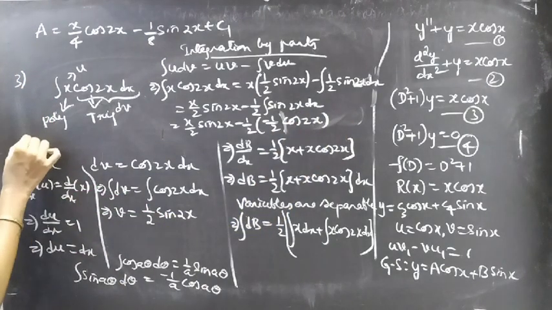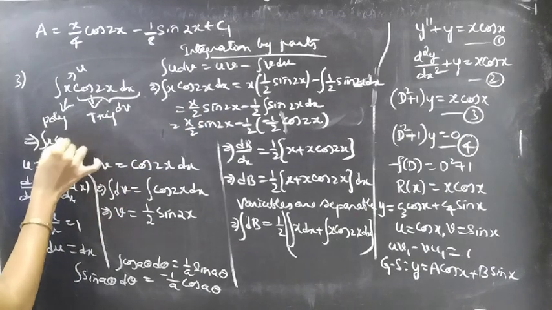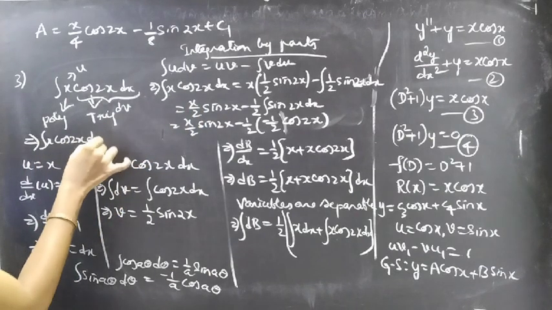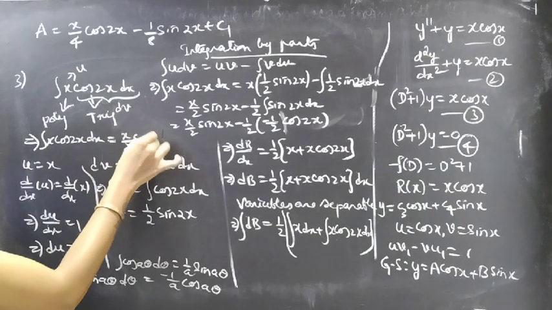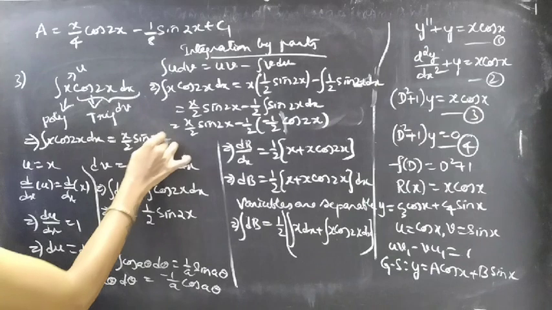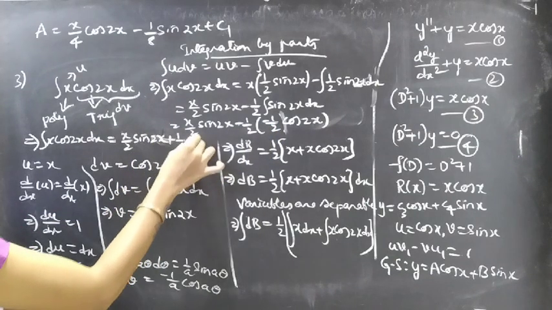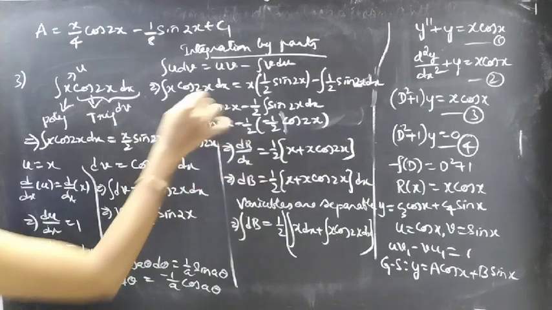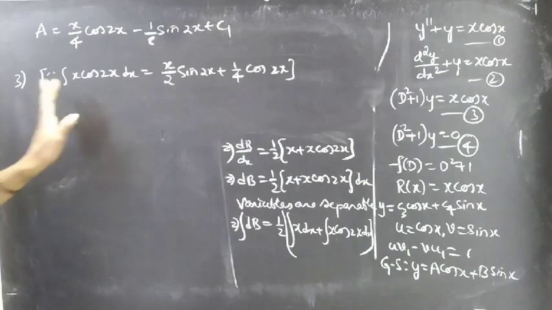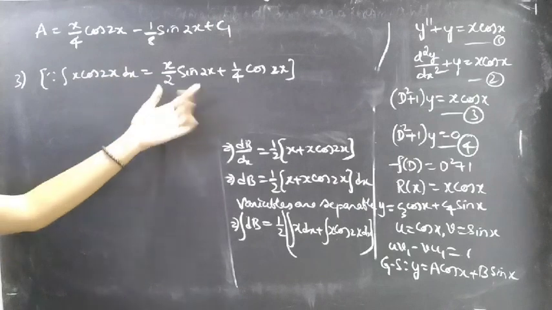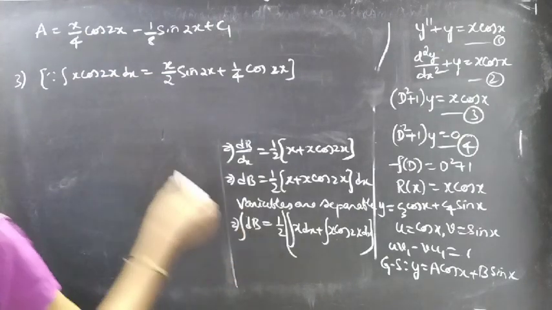From this we get integral x cos 2x dx equals x by 2 sine 2x, minus into minus is plus, 1 by 2 into 1 by 2, which is 1 by 4 cos 2x.